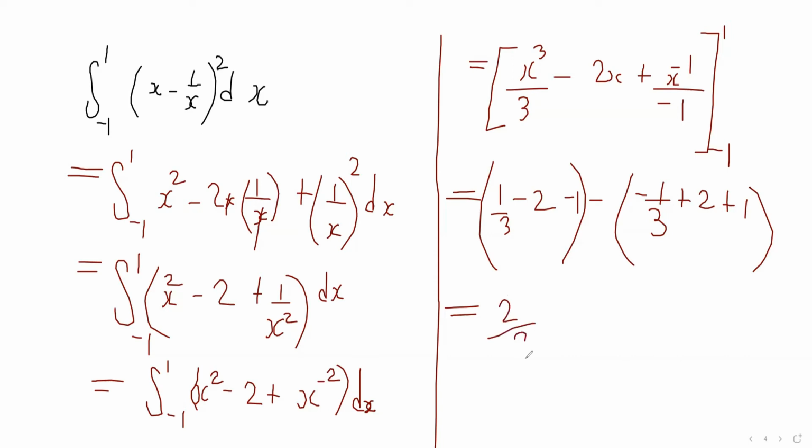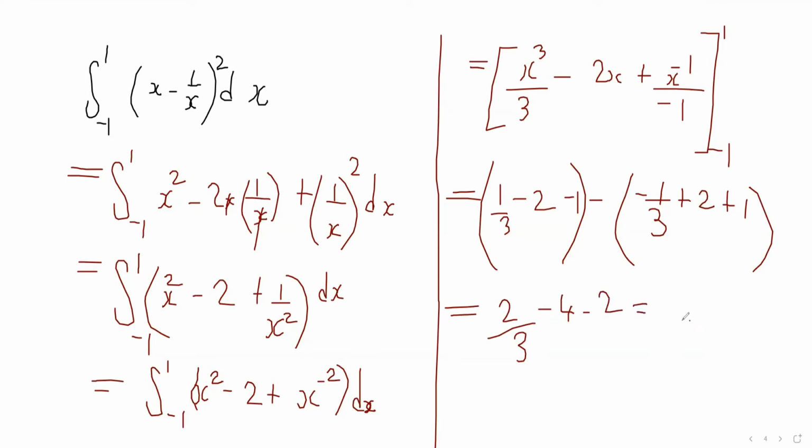Then the -2 minus +2 becomes minus 4, and then negative 1 minus 1 becomes negative 2.